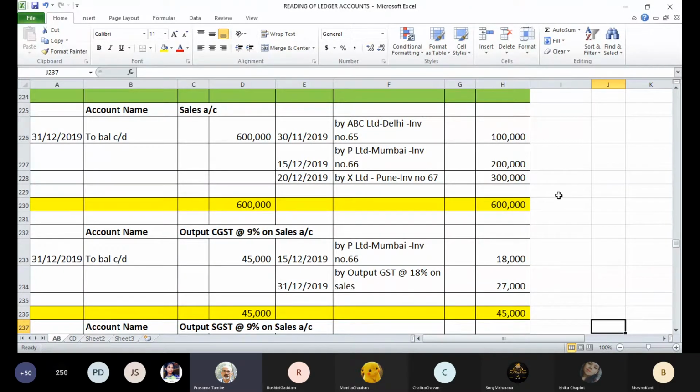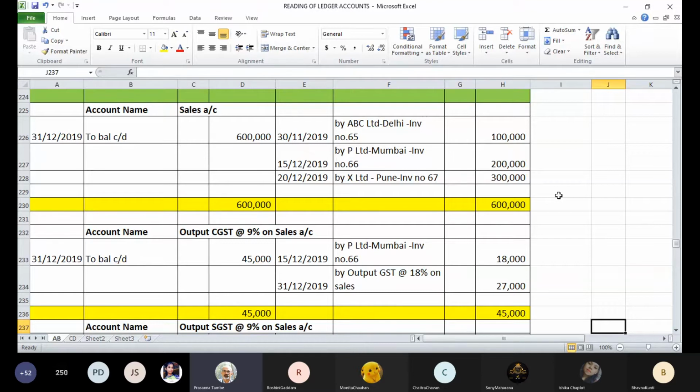Those are known as SGST and CGST, Central Goods and Service Tax, and State Goods and Service Tax. These are the two components. Now suppose 18% is applicable rate on those goods, 9% will go in SGST and 9% will go in CGST. So 50-50% will be divided for the basic rate of GST if the transaction is in the same state.